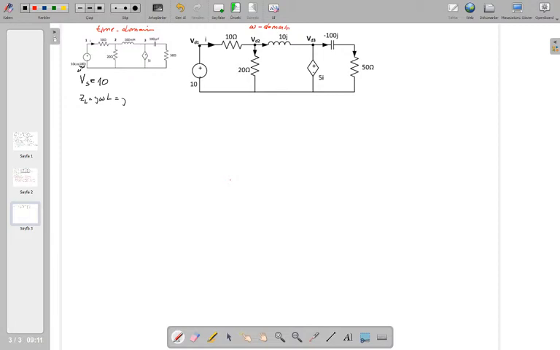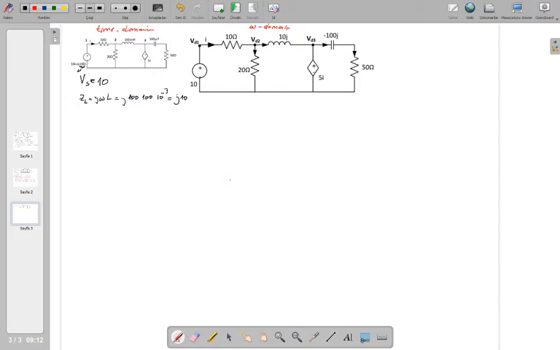That means omega is 100 times L. L is 100 millihenry, 100 milli is 10 to the power minus 3. You end up with j10. So that's the impedance we wrote on top of this inductor here.